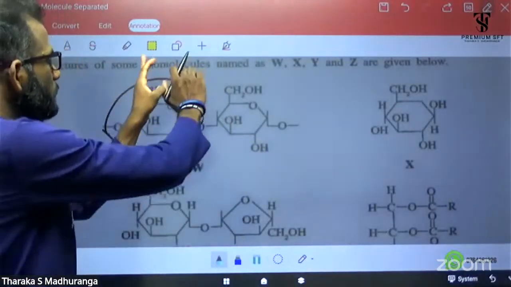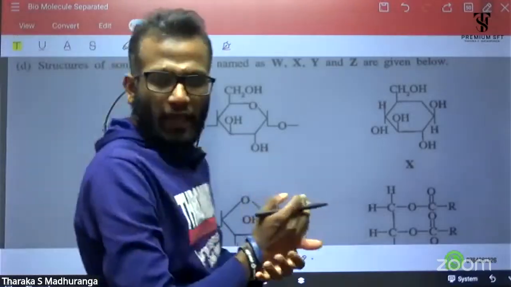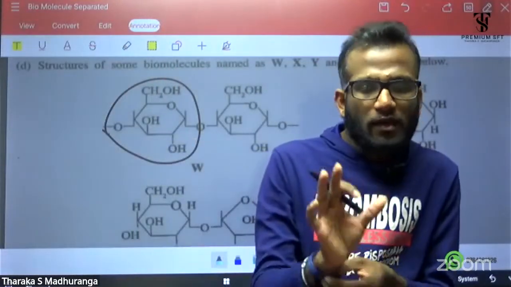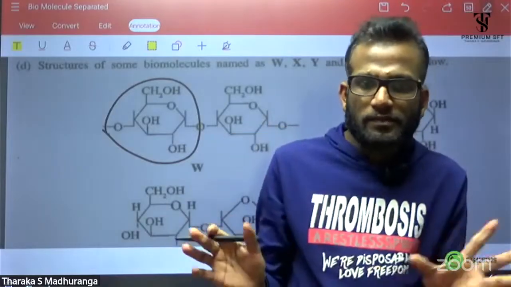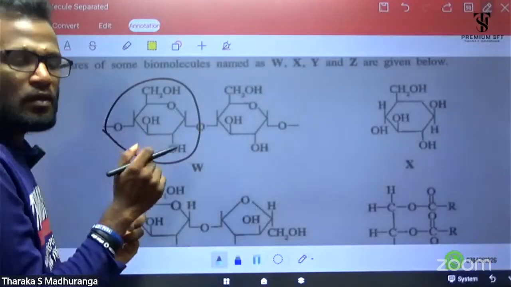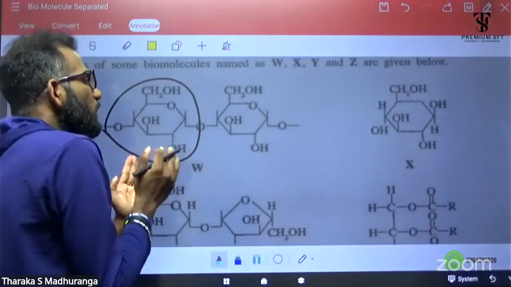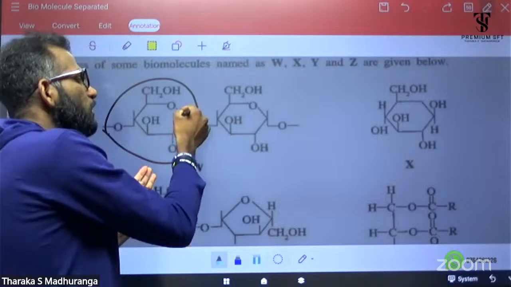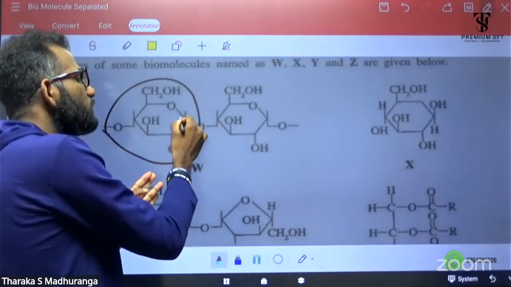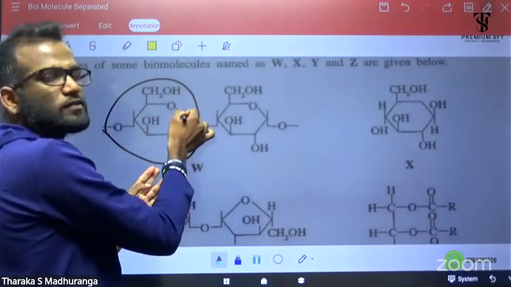First of all, you can identify by this hexagon structure, hexagon monosaccharide, that it is glucose or galactose. Remember, in all hexagon monosaccharides, carbon number 1 is the carbon after oxygen.